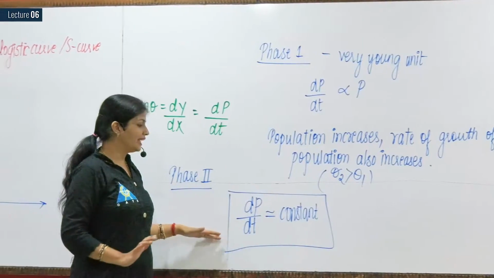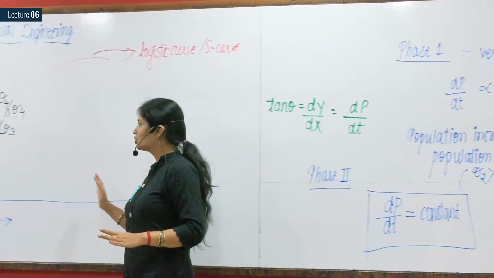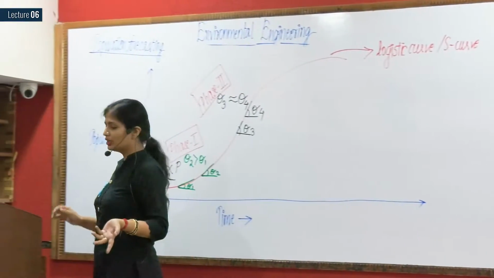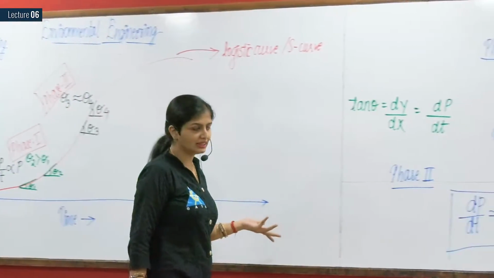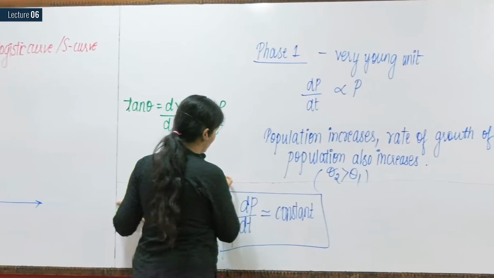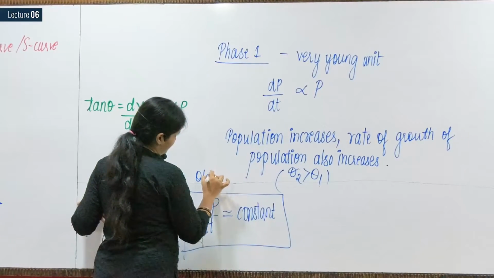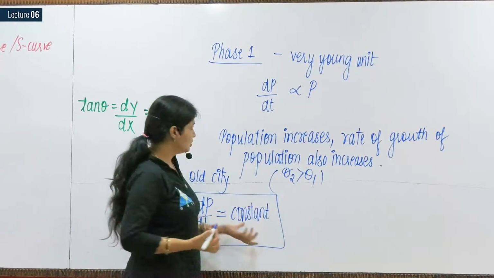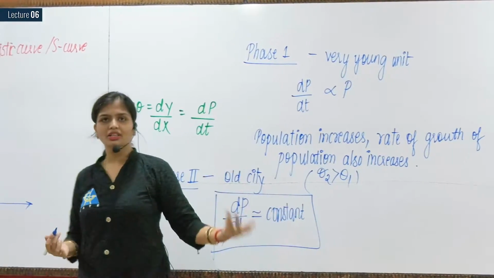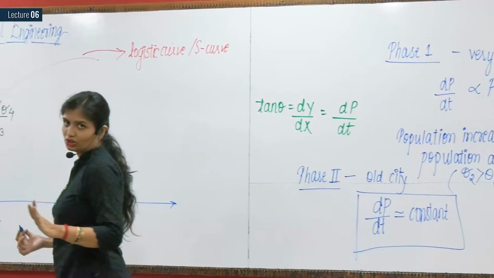Fine. And this phase 2 is basically for an old city. This you should know. For an old city, rate of growth of population is almost constant.